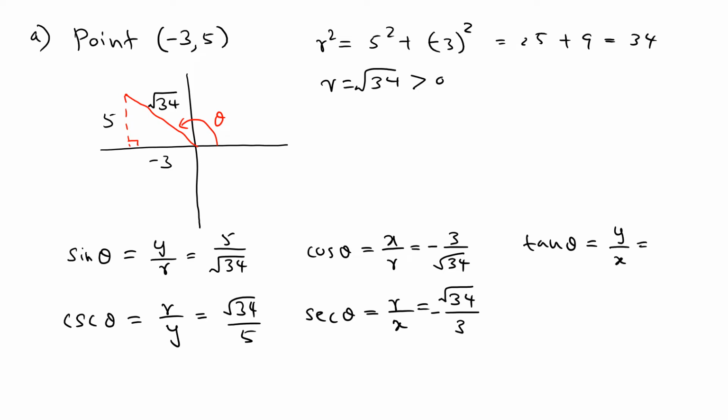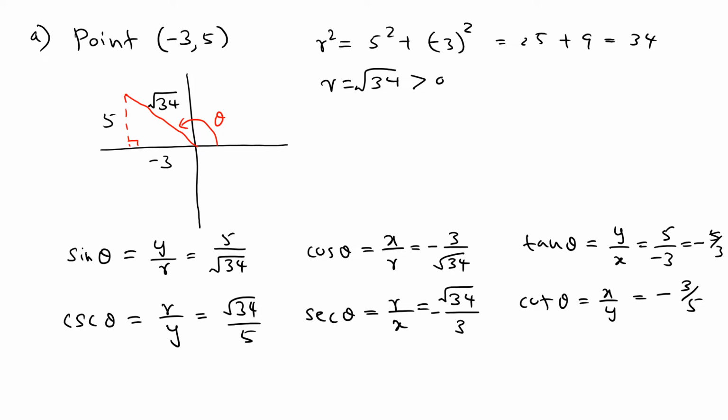In this case, y over x is 5 over -3. What we normally do, we write the negative sign in front, so negative 5/3. And then cotangent is x over y, so we flip it over: -3/5. So those are the values for the first one.